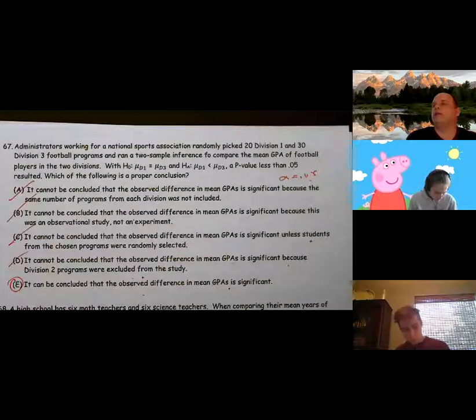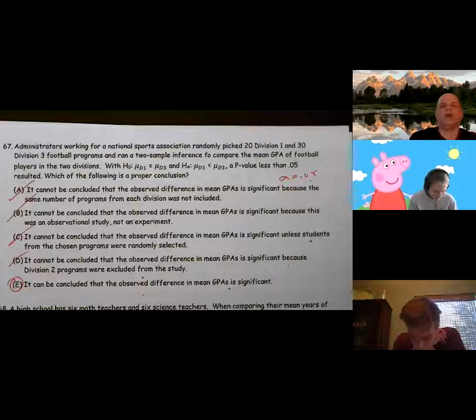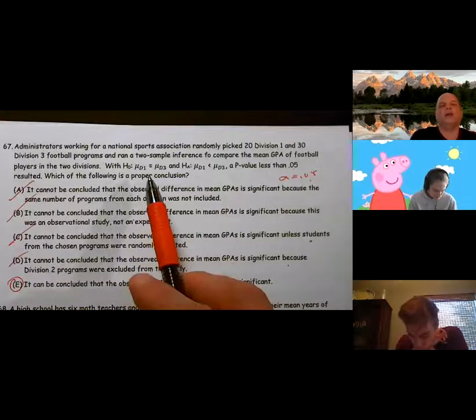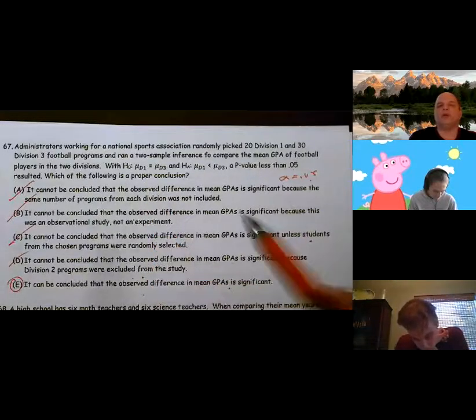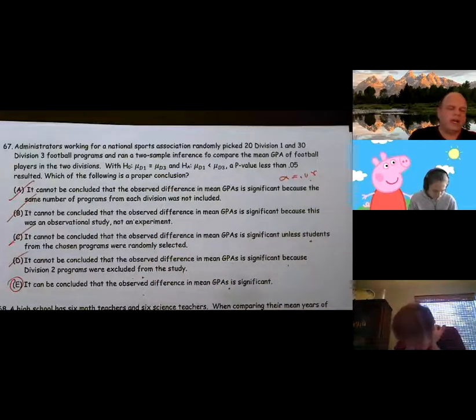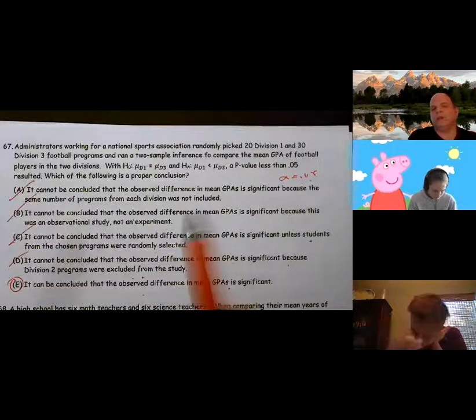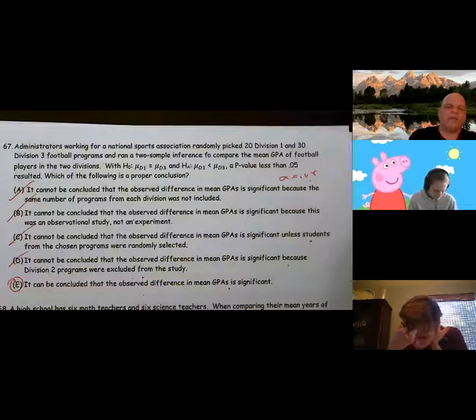So the question on this is, how do I know to use a two-sample test? Well, obviously, I have two independent groups. And if you have two independent groups, you're stuck with a two-sample test. Then you ask, is there a natural pairing? It would be fairly difficult to do a pairing with this.